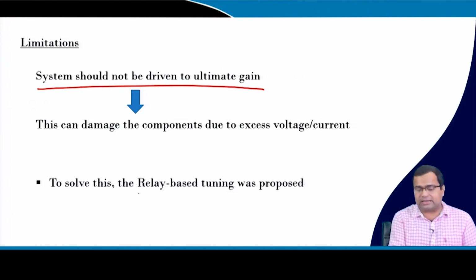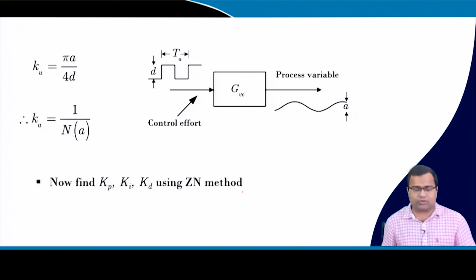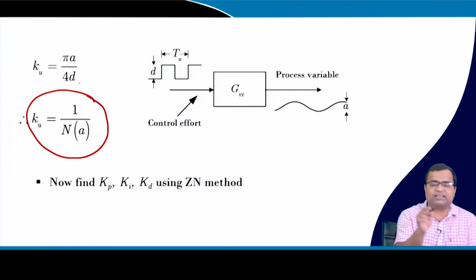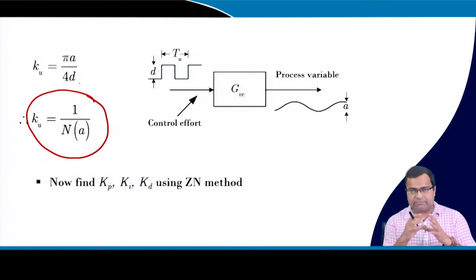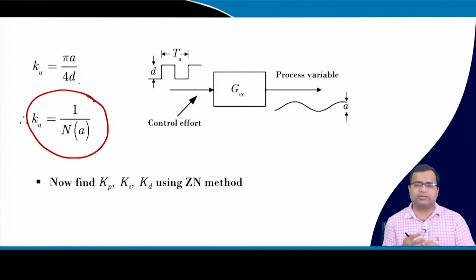In order to solve this, relay based tuning was proposed. It can be used to generate the sustained oscillation, and then the critical gain can be formulated as 1 divided by this gain. Then we can use the earlier Ziegler-Nichols tuning method to find the individual parameters Kp, Ki, Kd.